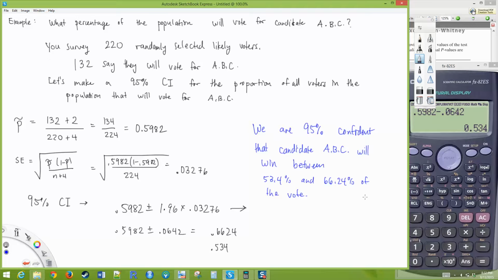Okay. So do we have evidence that candidate ABC will win the election? Yes, because 50% is not in our interval, right?